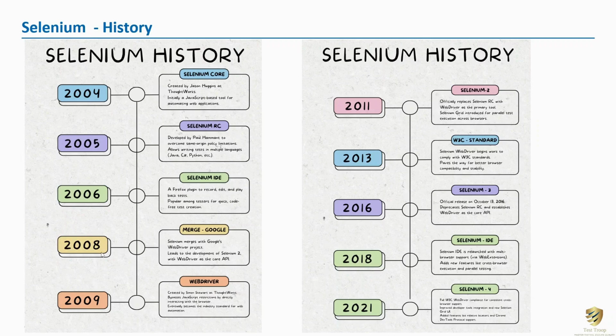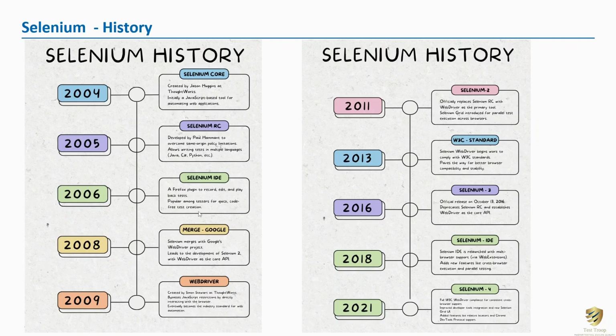In 2008, Selenium was merged with Google's WebDriver project, which led to the development of Selenium 2 with WebDriver as a core API. Officially, in 2009, they released WebDriver created by Simon at ThoughtWorks, which bypasses the JavaScript restriction by directly communicating with the browser.